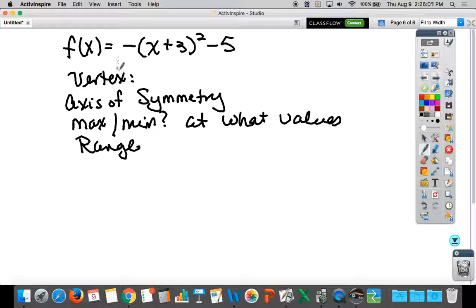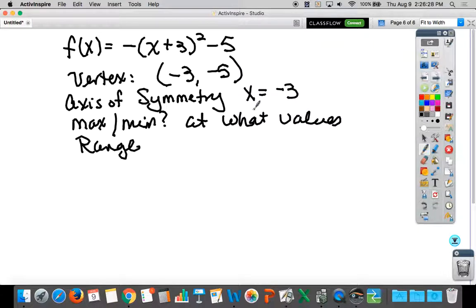Okay, what is my vertex? -3, -5. So my vertex, I take the point away from the x. When I solve for the x value, it's -3, -5. My axis of symmetry: x equals -3. You always have to tell me x equals.